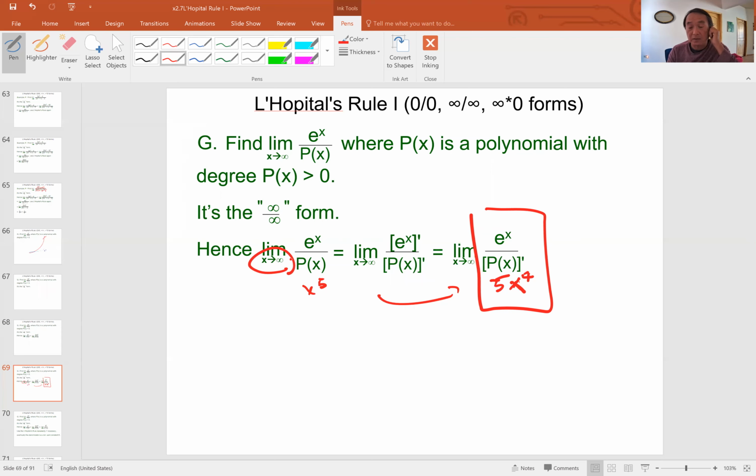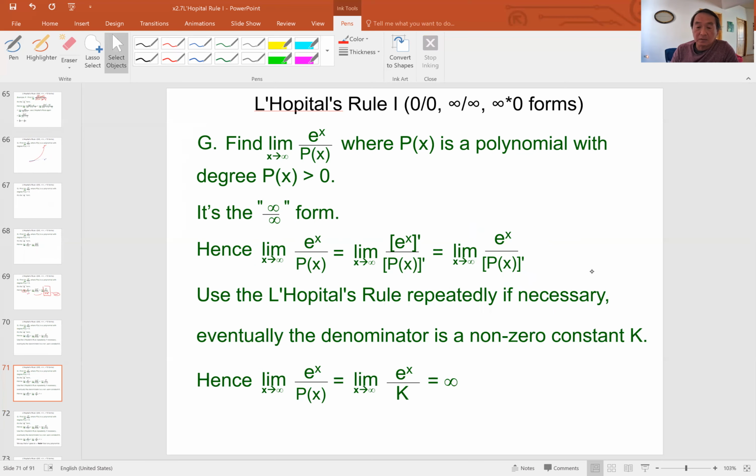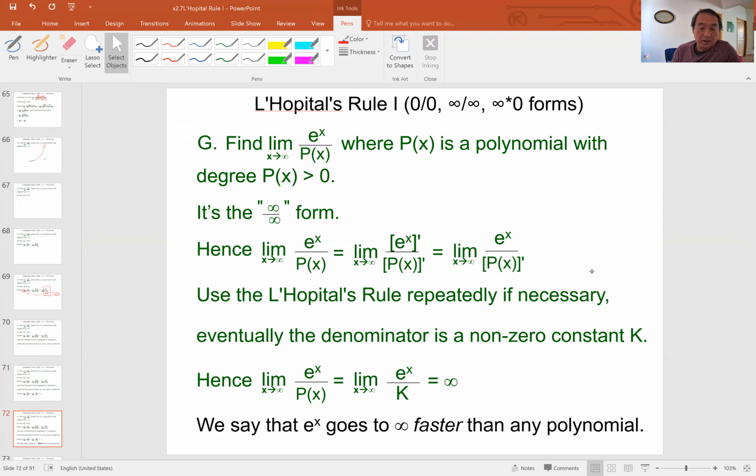I do it again, and that becomes 20x to the 3rd power. If you keep doing this, the top doesn't change, so eventually the bottom becomes a number, and the top goes to infinity. So the moral of this story is that an exponential goes to infinity a lot faster than any polynomial.